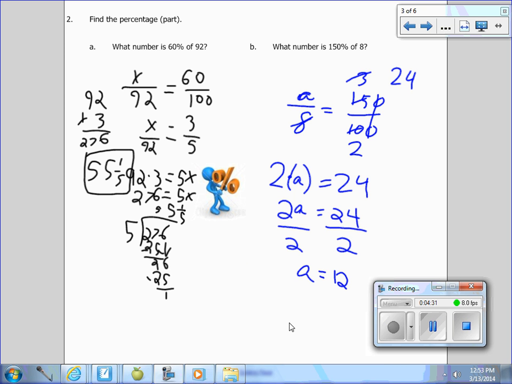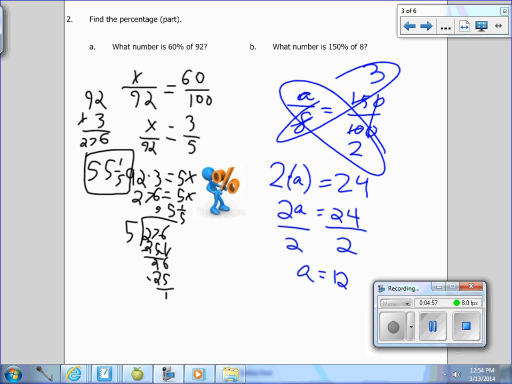In B, we have what number is 150% of 8? So we have 150 going over the 100 for percent. We're trying to find out what is 150% of 8, so that would be our A. We're going to simplify before we multiply. Notice that we simplified 150 over 100 to 3 over 2.